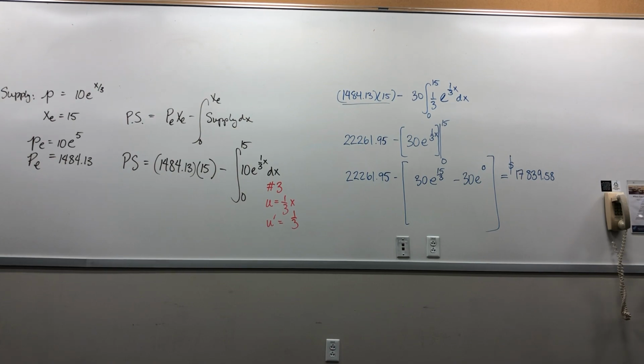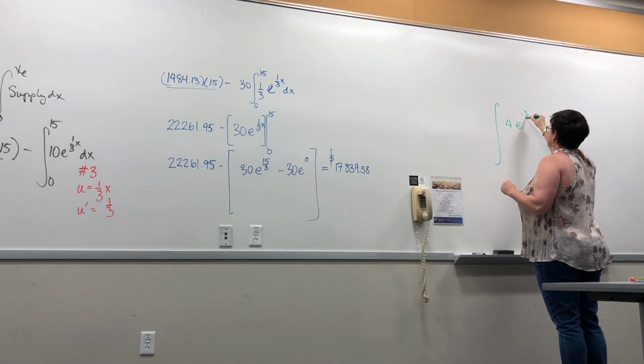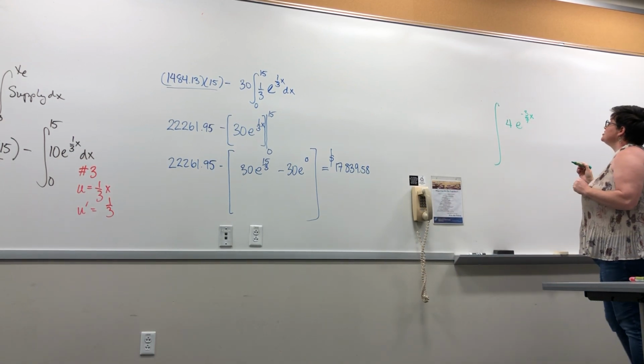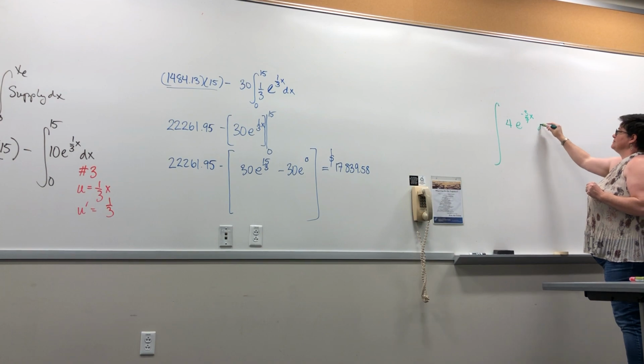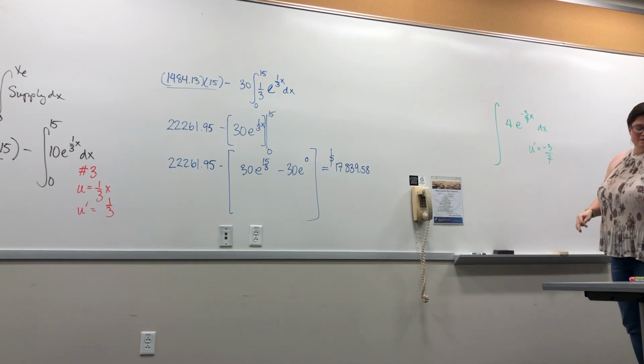Let's say you have something that looks like this, guys. Say you have 4e to the -3/7 x. So what's your u prime going to be? Yeah, u prime is -3/7. So don't waste your time contorting it.